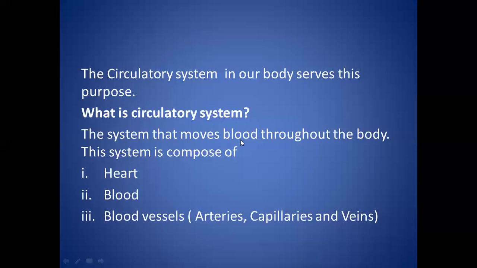In the previous chapter, chapter number 1, dear students, we discussed the digestive system, then the respiratory system. This is the third important system in our body, which is called the circulatory system. I told you it is the system that moves blood throughout the body, because we discussed in the respiratory system that food is absorbed in blood, and then oxygen is absorbed in blood, and then this blood carries it to the different parts of the body.